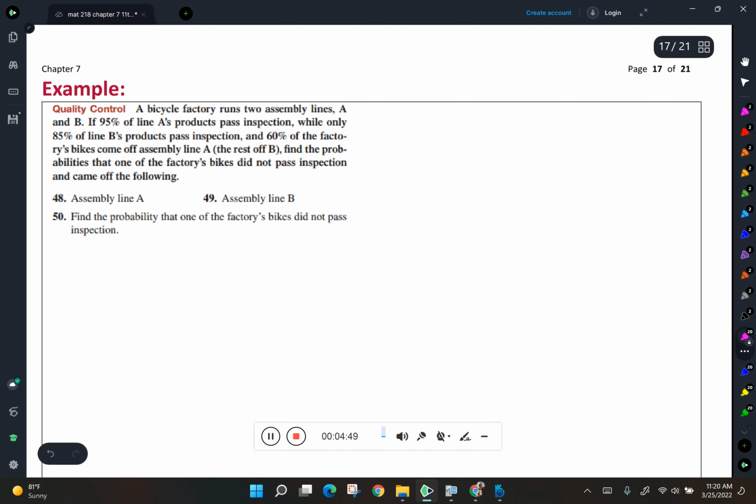Before we go any further, I just want to point out something. Did you read that and hear that means conditional probability? That's the probability that something passed inspection given that it came from line A. So that's conditional probability.